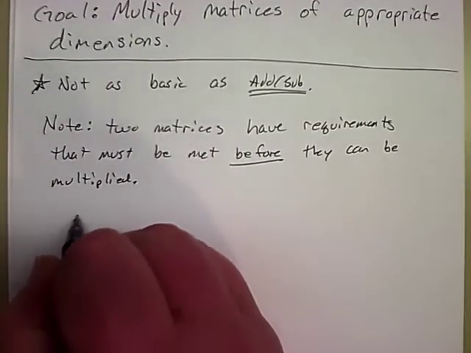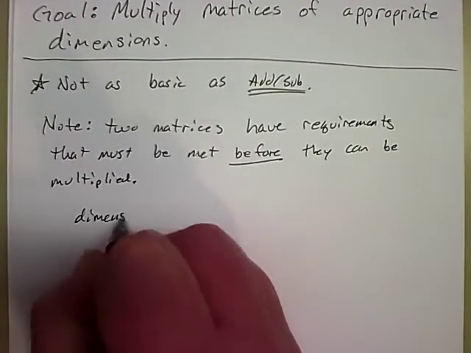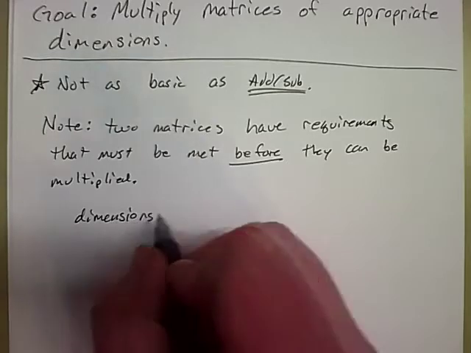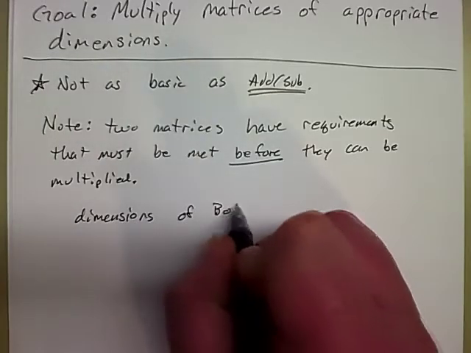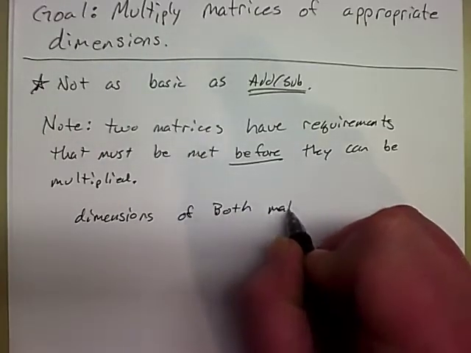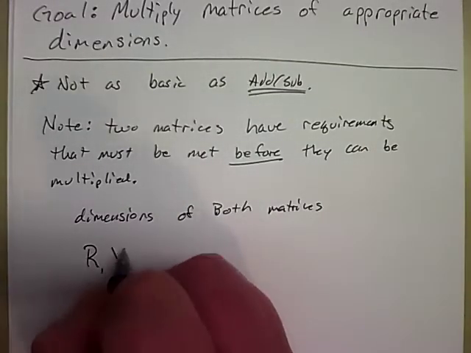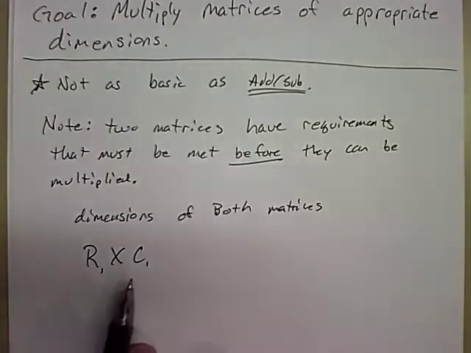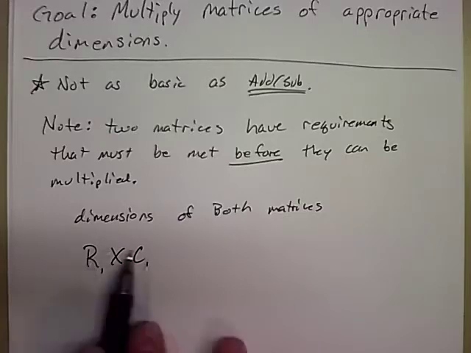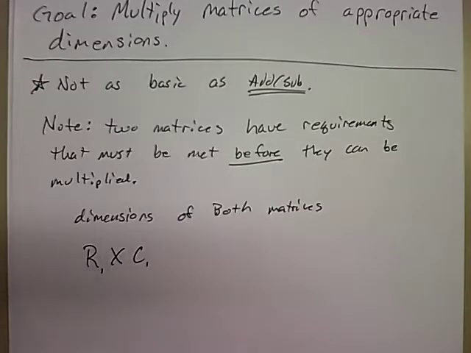So we want to look at the dimensions of both matrices. So the first matrix is going to have some row by column. So I'm going to call that R1 by column 1. So row 1 by column 1. So the row of the first, column of the first. So this is the first matrix.